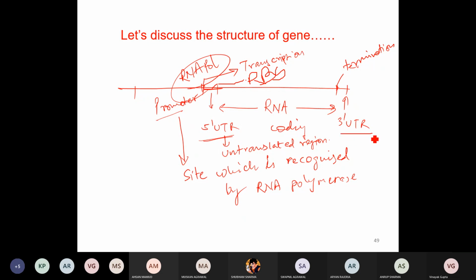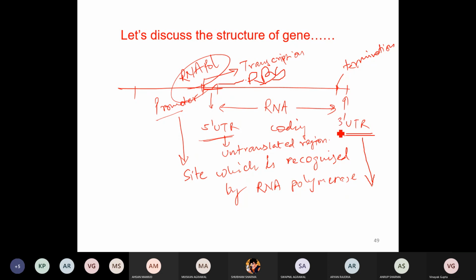The 3' UTR, untranslated region, consists of other factors which are responsible for the stability of your mRNA. If there is a mutation, maybe the mRNA is not going to be very stable.